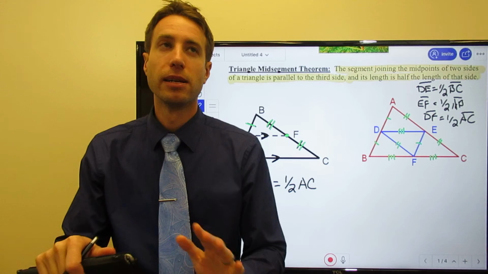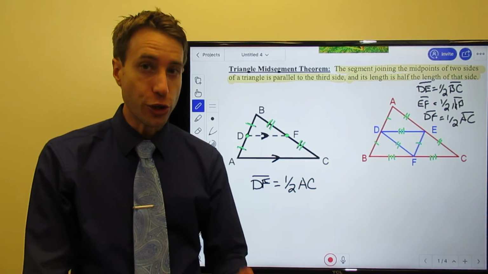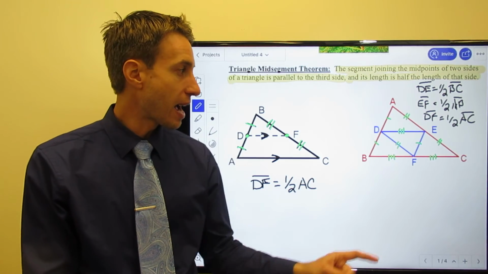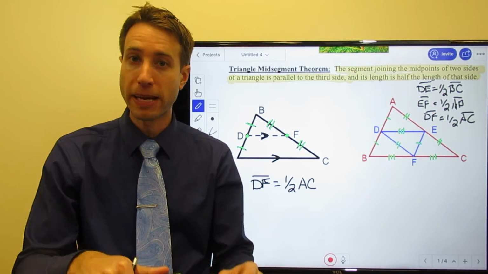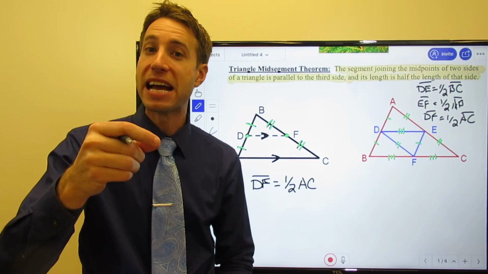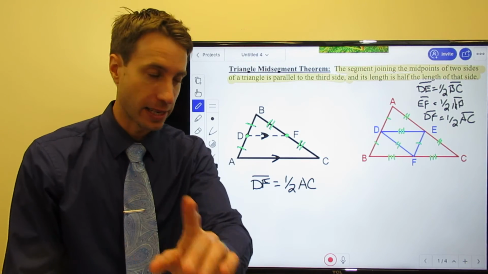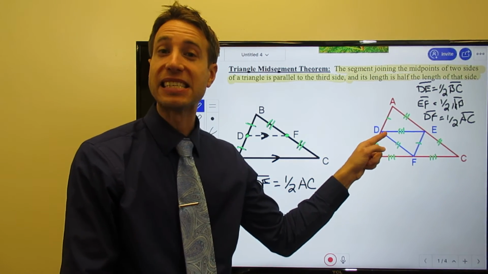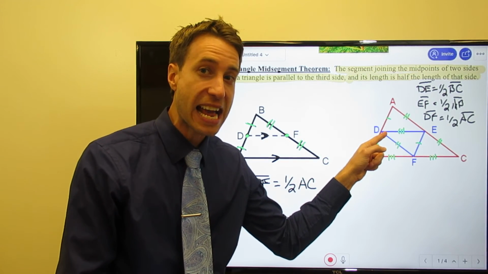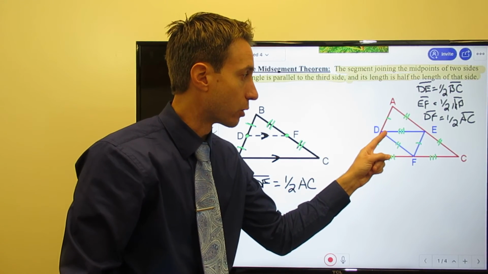Okay, now the angles. And this gets even better. Check this out. What you've got is a triangle drawn by the midsegments. Those midsegments form a triangle where the measure of the angles will be the same as the angle opposite it. Here's what I mean. This angle right in here, angle D, is going to be exactly the same measure as the angle opposite from it in the larger triangle.